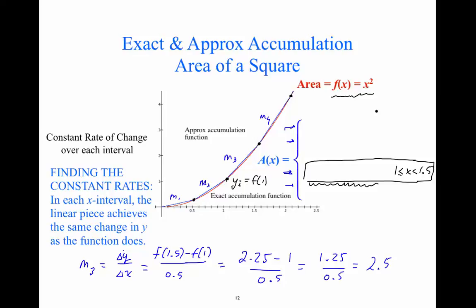You got y initial, you got the rate of change. Can you write the expression for every y value given an x value in that interval? Can you do it? Go.